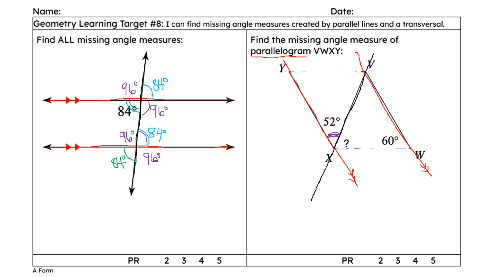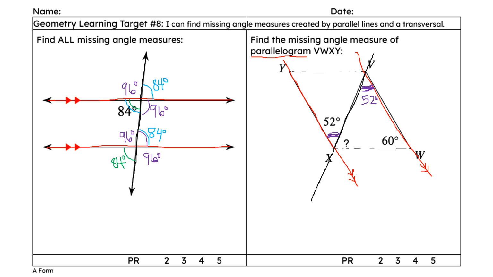So in fact, that 52 degrees here makes an alternate interior angle with this one at the top here, angle WVX. So this is 52. This is on opposite sides of the transversal, but inside of the parallel lines. Alternate interior angles are congruent.